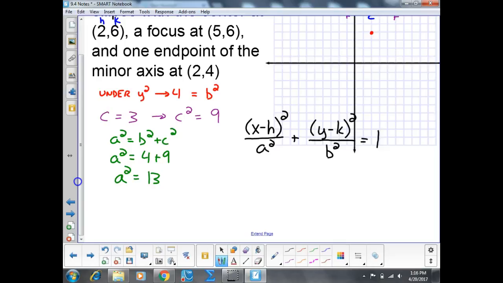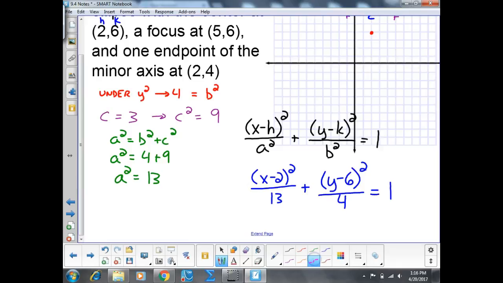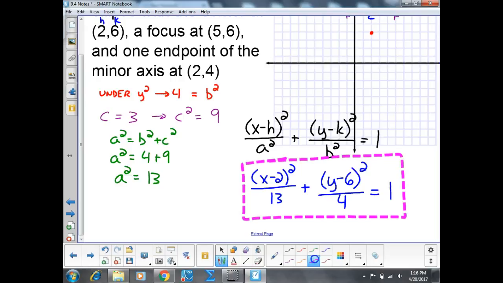So what do we know? (x minus 2) quantity squared over 13, plus (y minus 6) quantity squared over 4, equals 1. Okay. Take what you know, use it through your formulas.